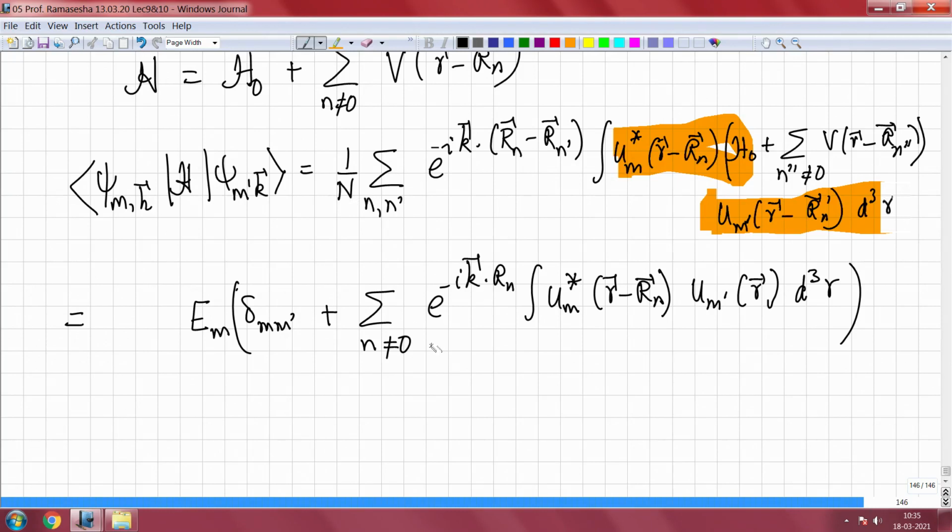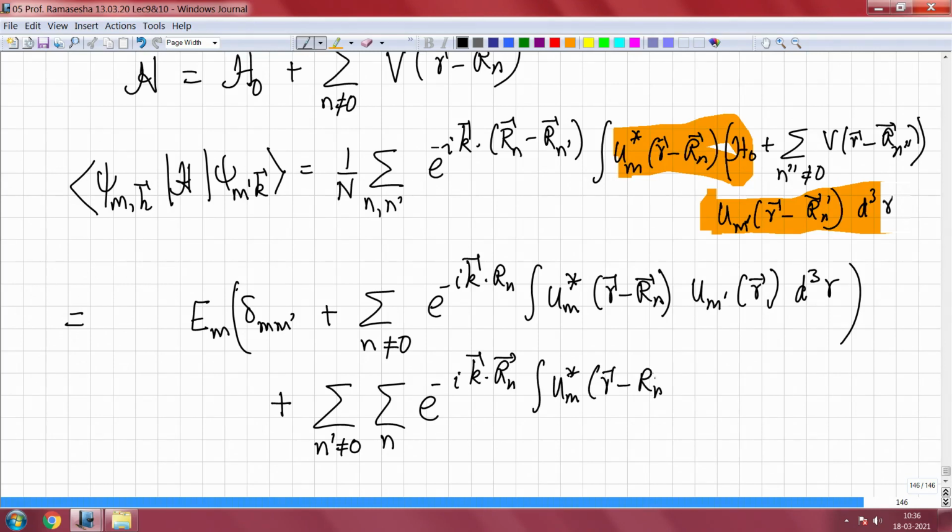So, one of the indices goes away and I only have the other index, n not equal to 0, of this quantity, plus the sum over n prime not equal to 0 and the sum over n of e to the power minus i k dot R n, times the integral of u m star of r minus R n, times V of r minus R n prime, u m prime of r, d cubed r. These are the terms that I will get.